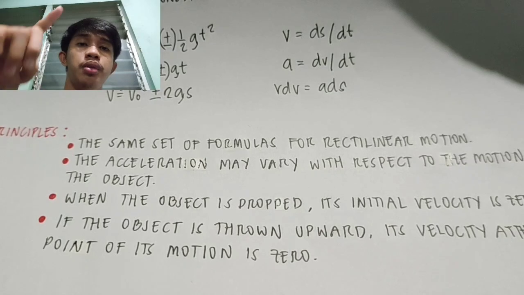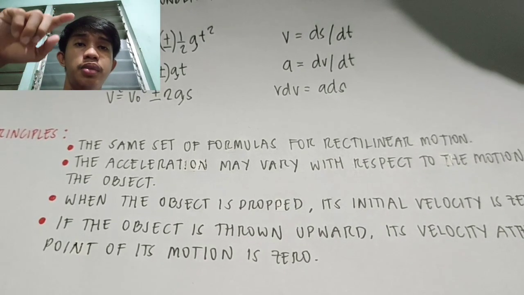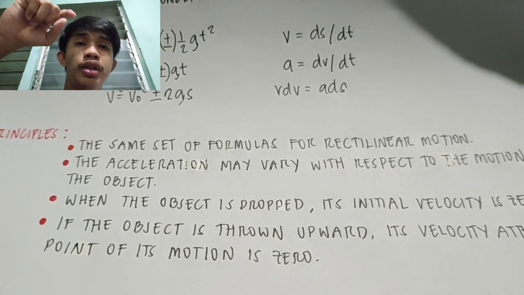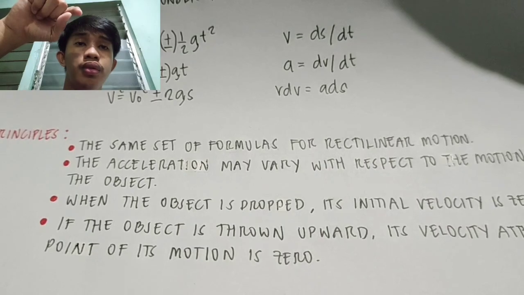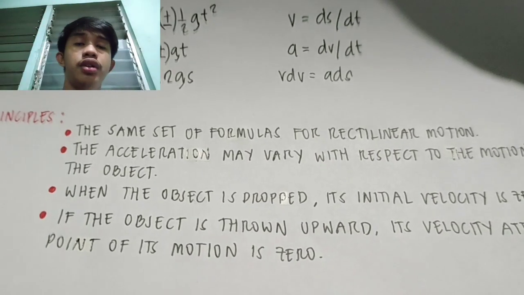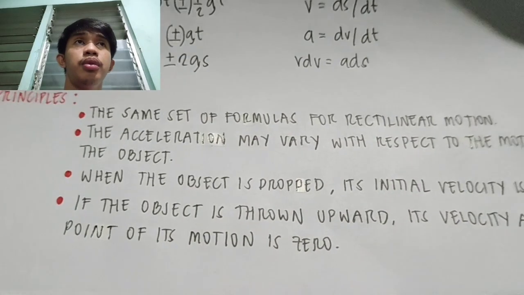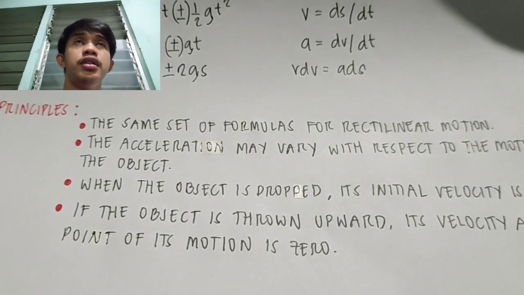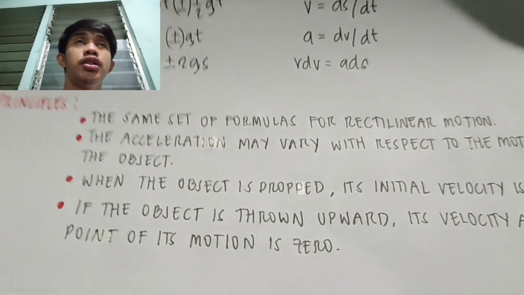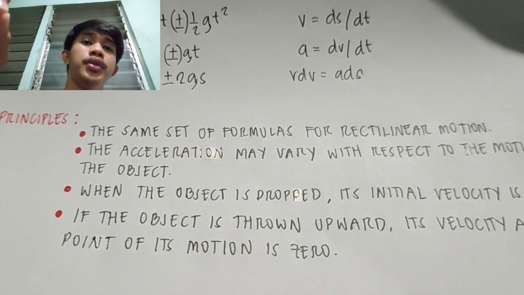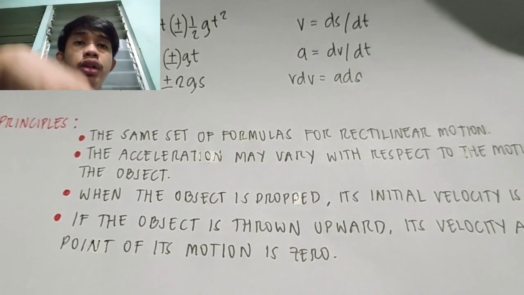When it reaches its maximum point, the initial motion was upward, but the velocity becomes zero and it goes into a drop, or a free falling motion. So throwing a ball to the top and reaching its maximum point, it will also drop.